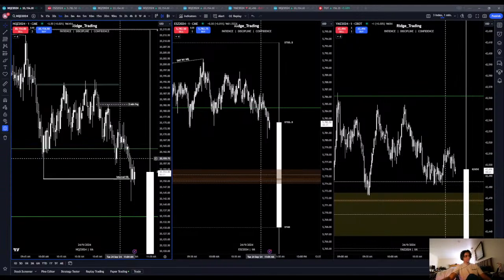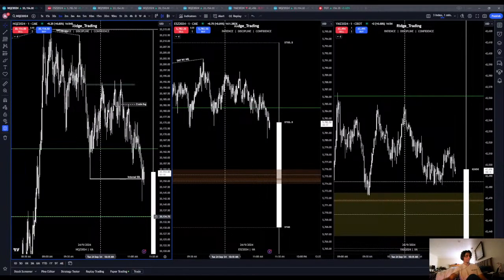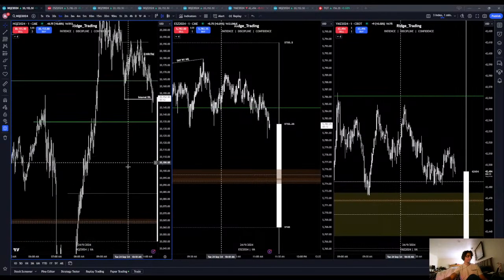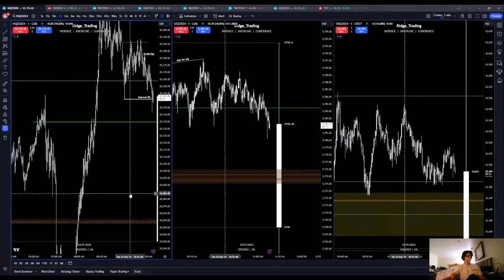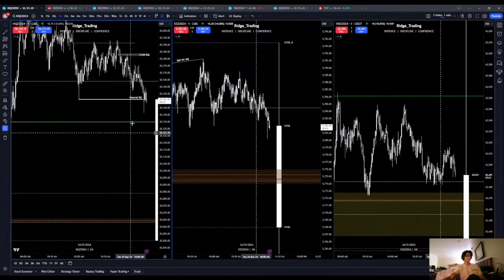Alright, so now that internal's been taken, there's not much to say here. Either we're going to come down and take full profits at 35 here, or we are going to get stopped at break even on the way up.